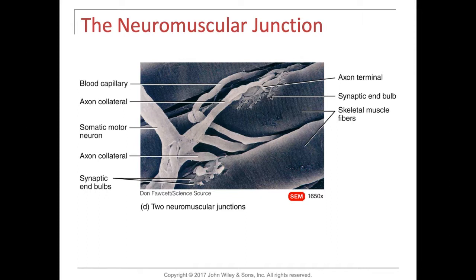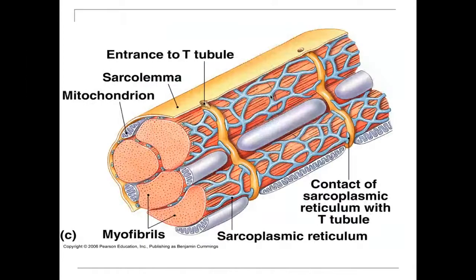At the neuromuscular junction, that neurotransmitter is always acetylcholine. It's released through exocytosis. What's going to stimulate that to open up is calcium. Calcium is involved here. It's an important mineral.